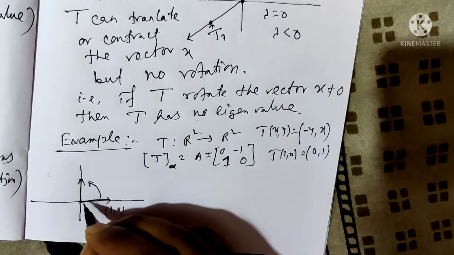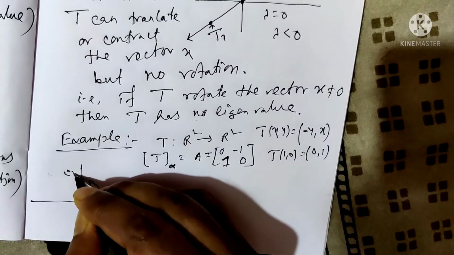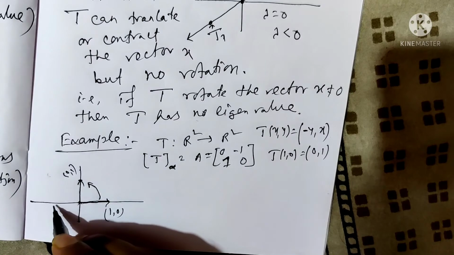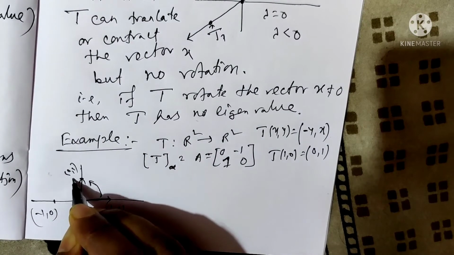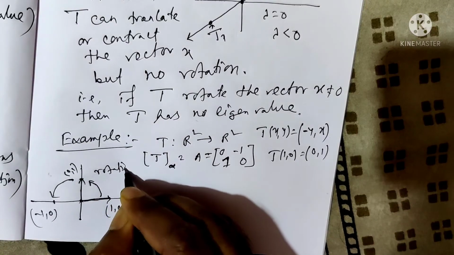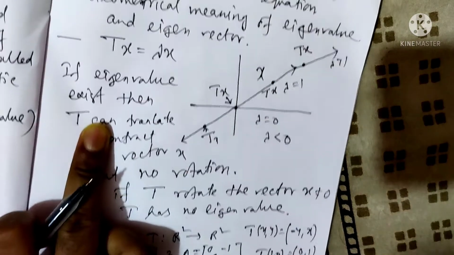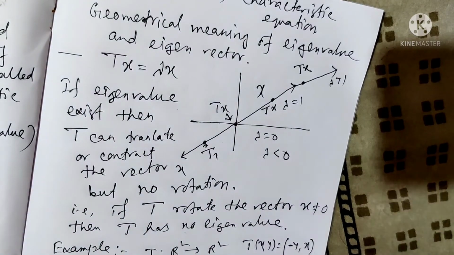And 0 comma 1 goes to minus 1 comma 0, so this vector goes to this. So this is a pure rotation. By geometrical view, we say that T has no eigenvalue or eigenvector.